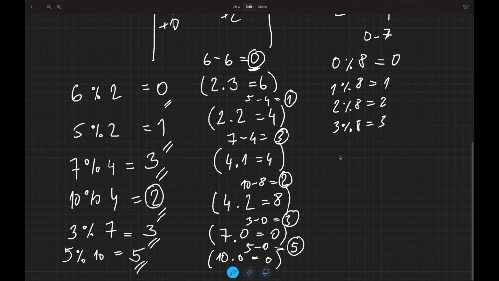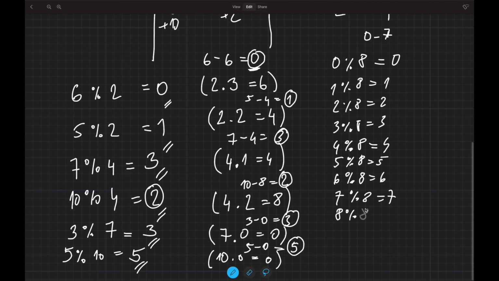Basically, until I reach 8, I will always be going like this. 4 modulo 8 is 4, 5 modulo 8 is 5, 6 modulo 8 is 6, 7 modulo 8 is 7, 8 modulo 8 is 0. Now you can see we already reached the whole cycle. We went from 0 to 7, and now we're starting again.